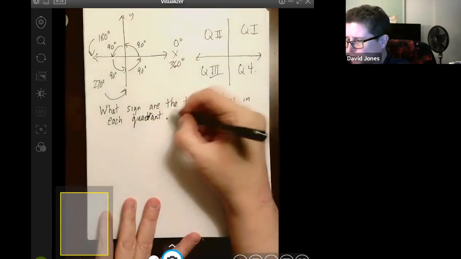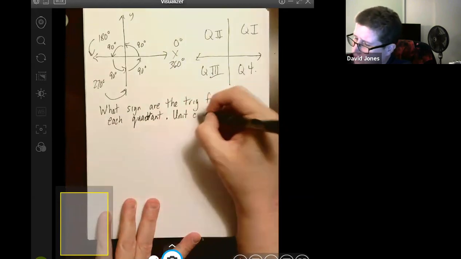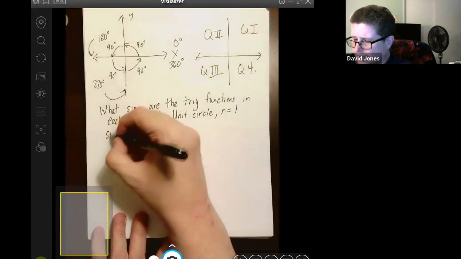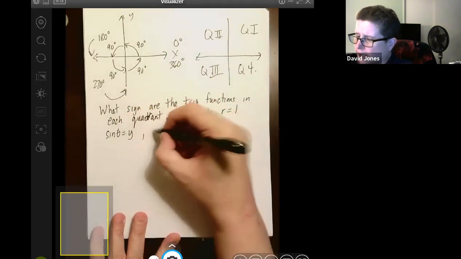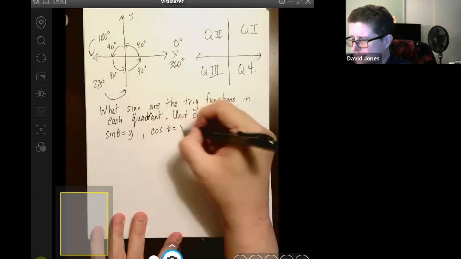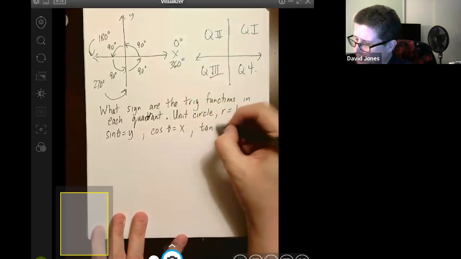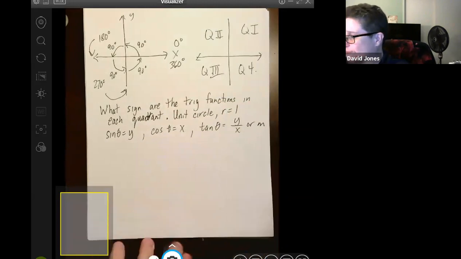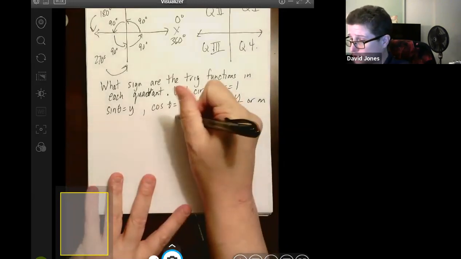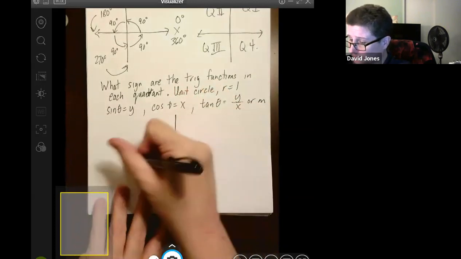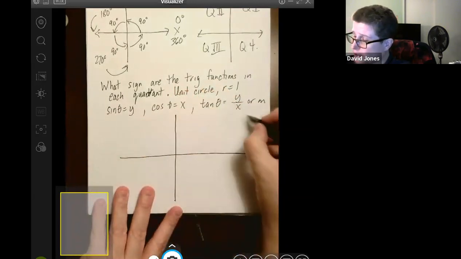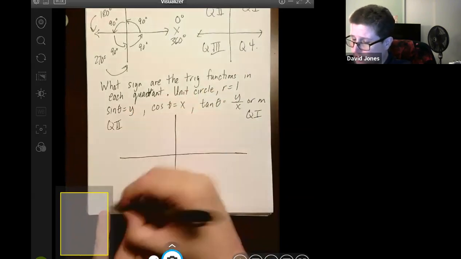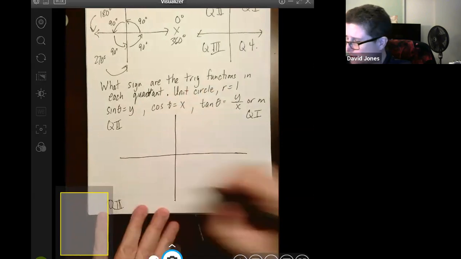For the unit circle, r equals 1, so sine theta equals y, cosine theta equals x, and tangent theta equals y over x, or the slope from algebra. So let's look at each quadrant. Q1, Q2, Q3, Q4.